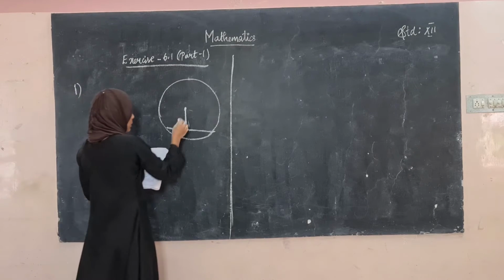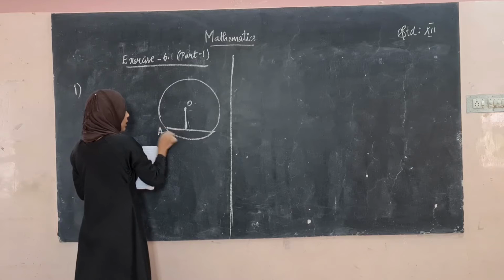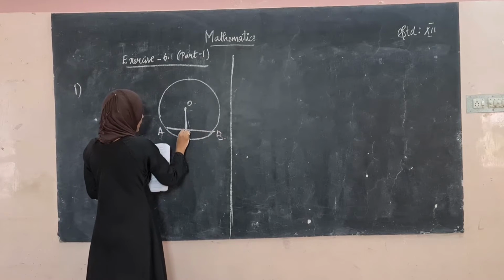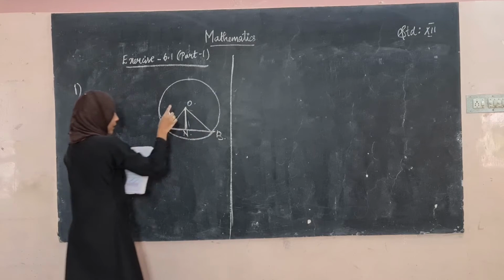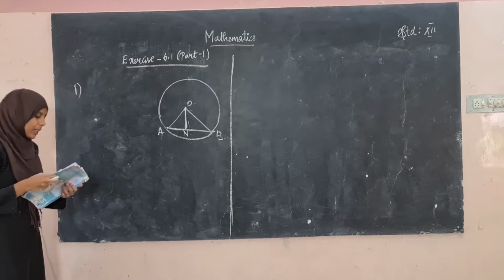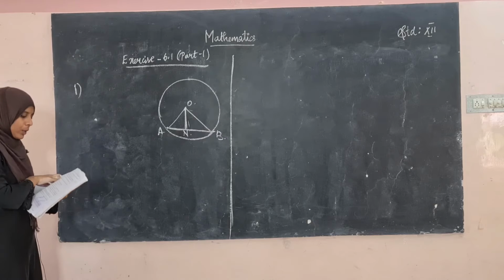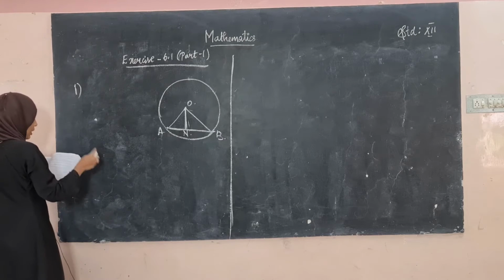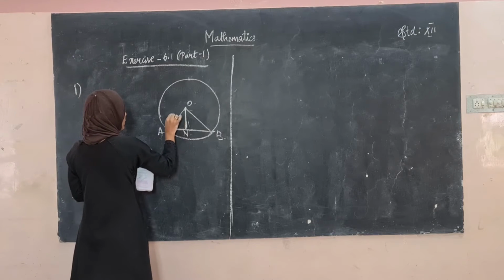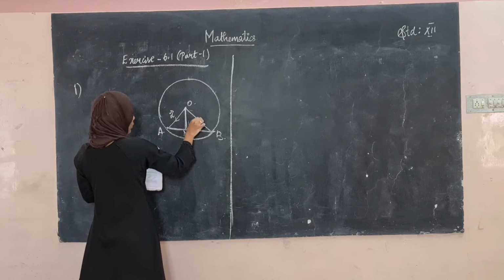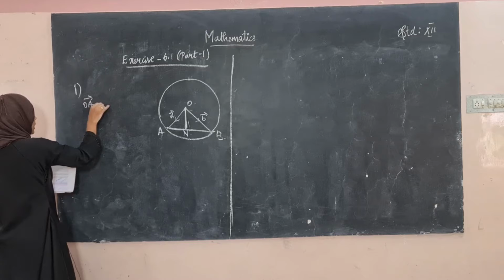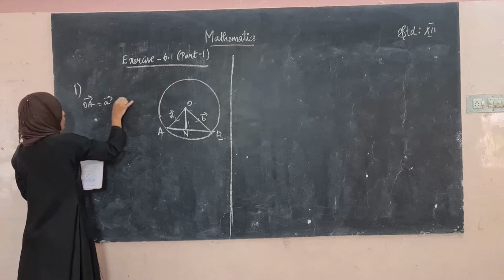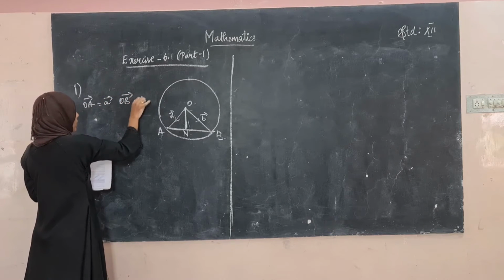Now let us take this center as O and the chord be AB, and let the midpoint be N. Draw a line here. This is OA vector and OB vector. So we have to prove this by using the vector method. OA vector is equal to A vector, OB vector is equal to B vector.